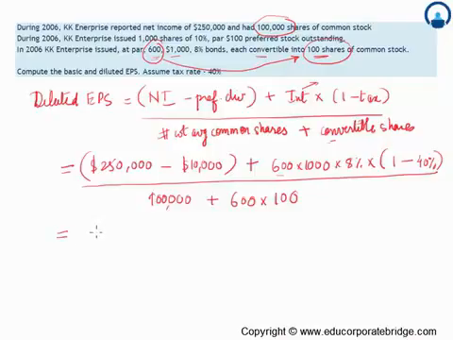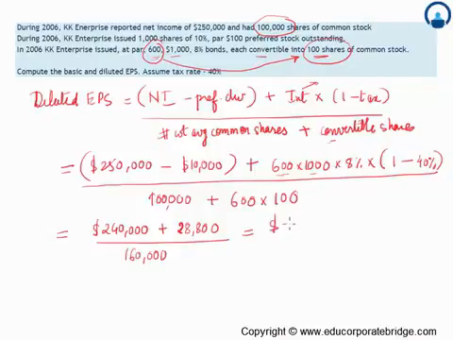So let's see what our numerator is. The numerator would be 240,000 plus 8% of 600,000 multiplied by 0.6. This number comes out to be 28,800, and in the denominator we'll have 160,000.